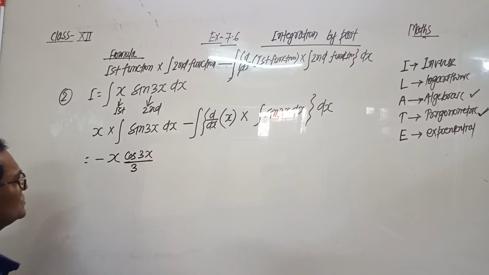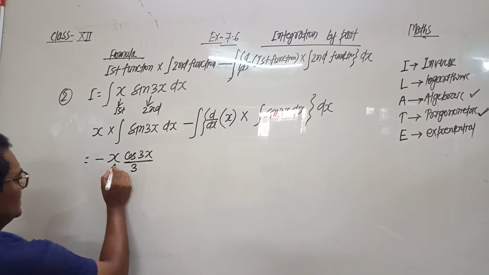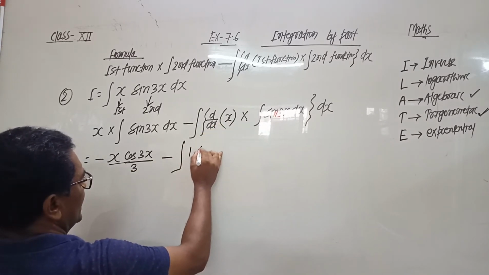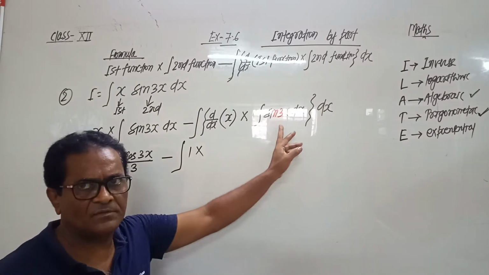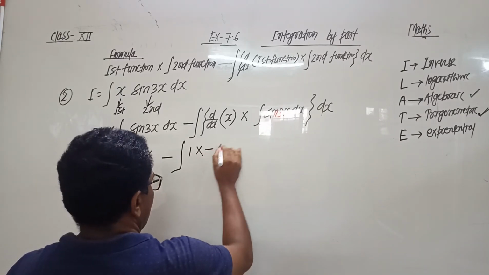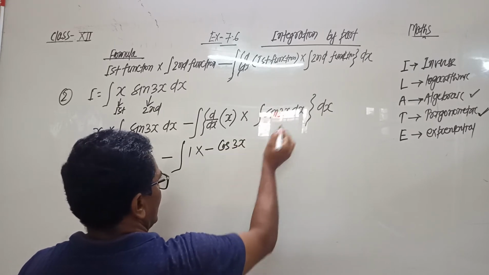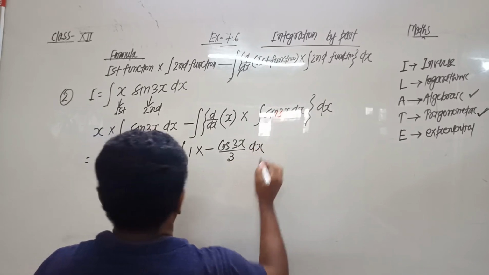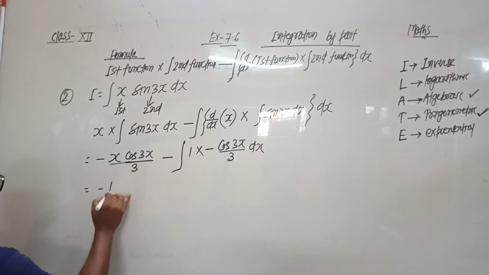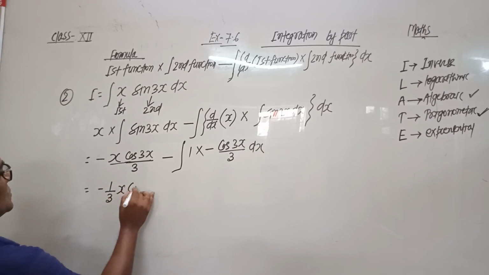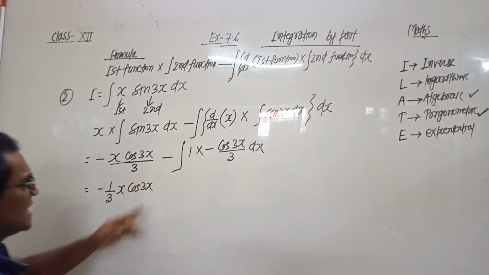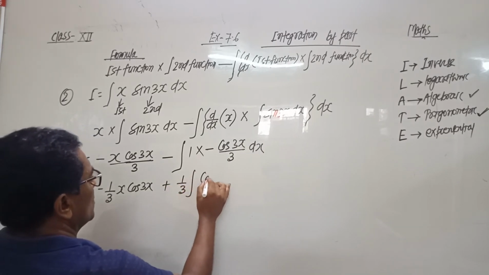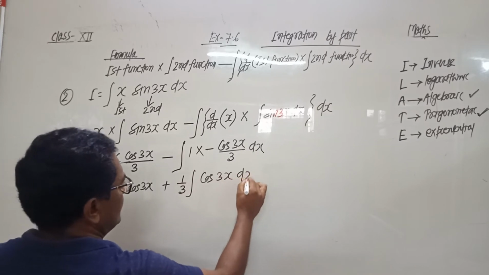So minus x cos 3x divided by 3 minus integration d by dx of x, 1, and integration of sin 3x. This is minus cos 3x, and again differentiation of 3x is 3 and dx. So we get minus 1 by 3 x cos 3x and minus plus 1 by 3 integration of cos 3x dx.